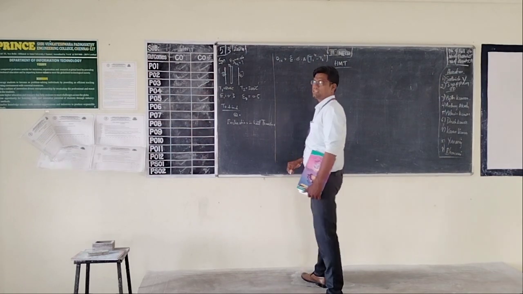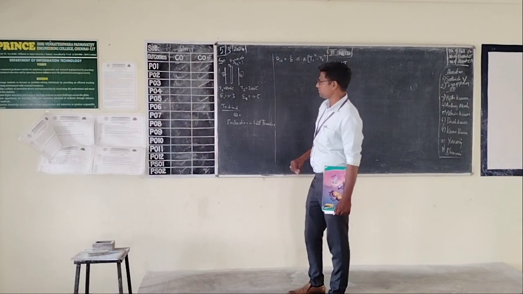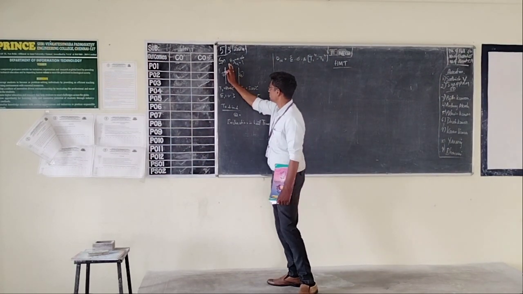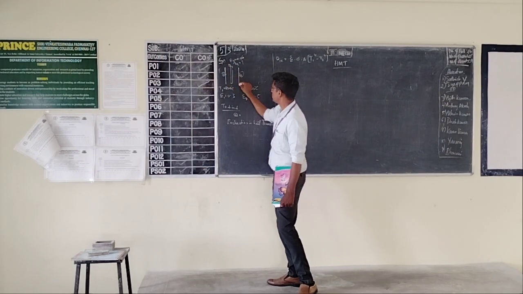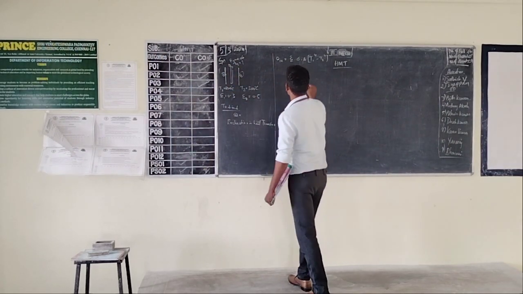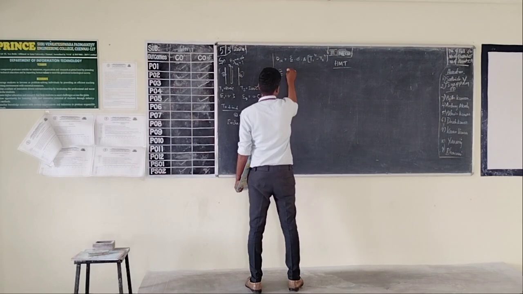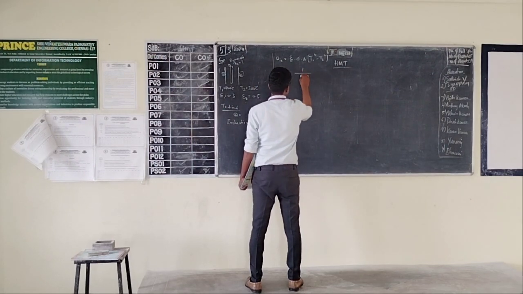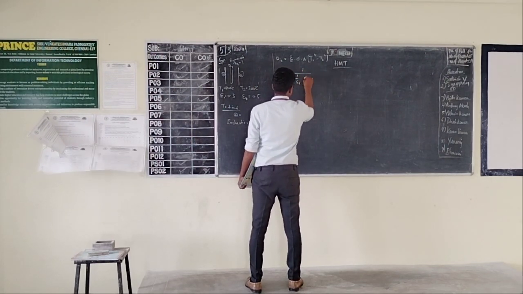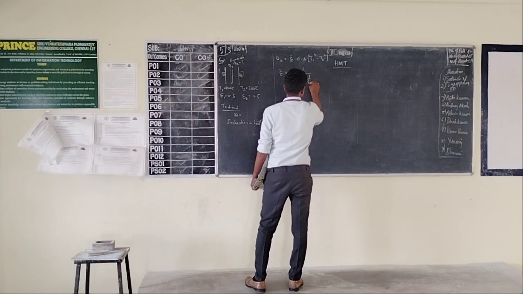This is our heat transfer formula without the radiation shield, from 1 to 2. And for calculating the emissivity, it is 1 by epsilon 1 plus 1 by epsilon 2 minus 1.